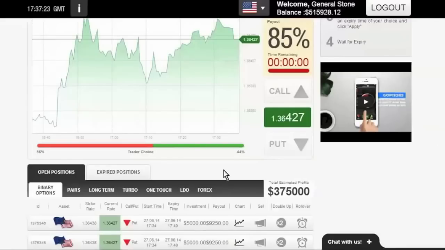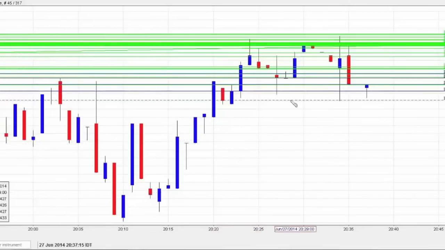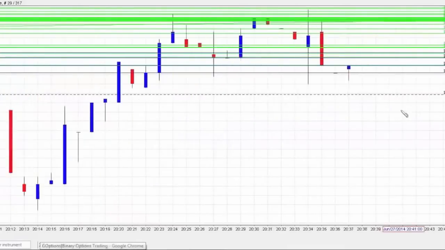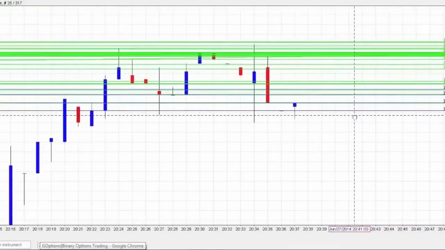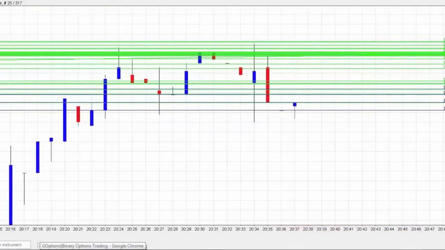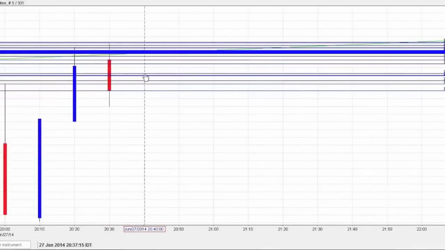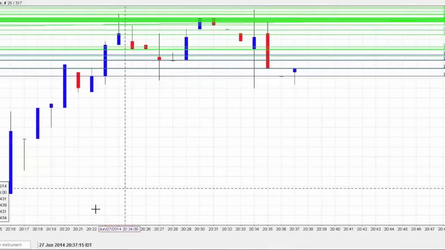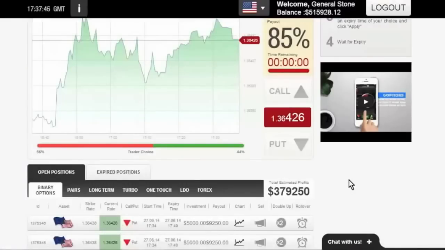$110,000 profit as long as the price stays below, I'd say, 430. So we've got a little bit of room for movement, but you can see how I've taken my trades, large majority way above where the current price is, all the way down here. And if it falls down just a little bit further, I'm going to be in for humongous profit.